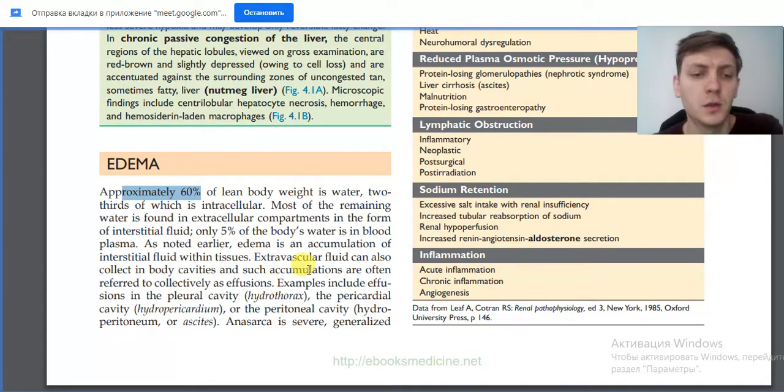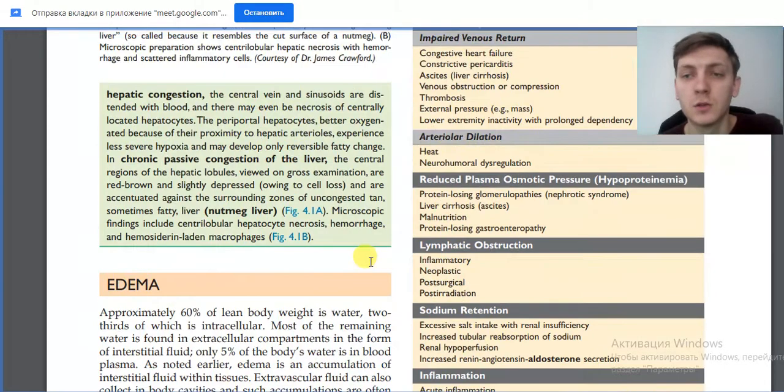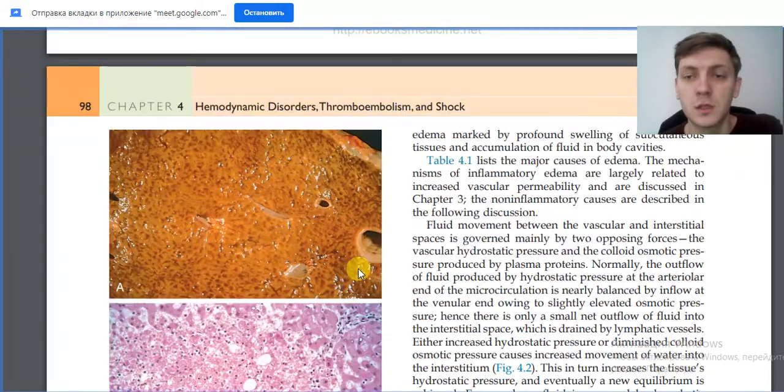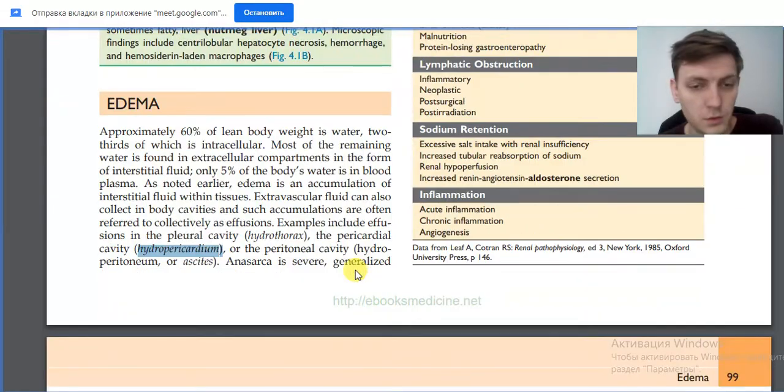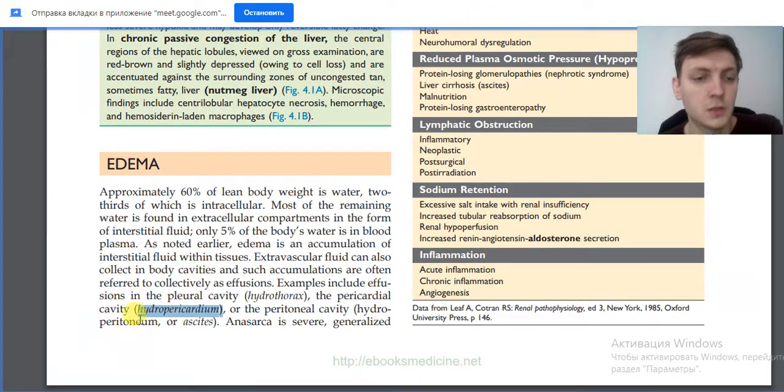For example, when water enters into the cavities by transudation, it is known as hydrothorax if efflux goes in a pleural cavity, hydropericardium if efflux goes into pericardial cavity, and also hydroperitoneum, or ascites.